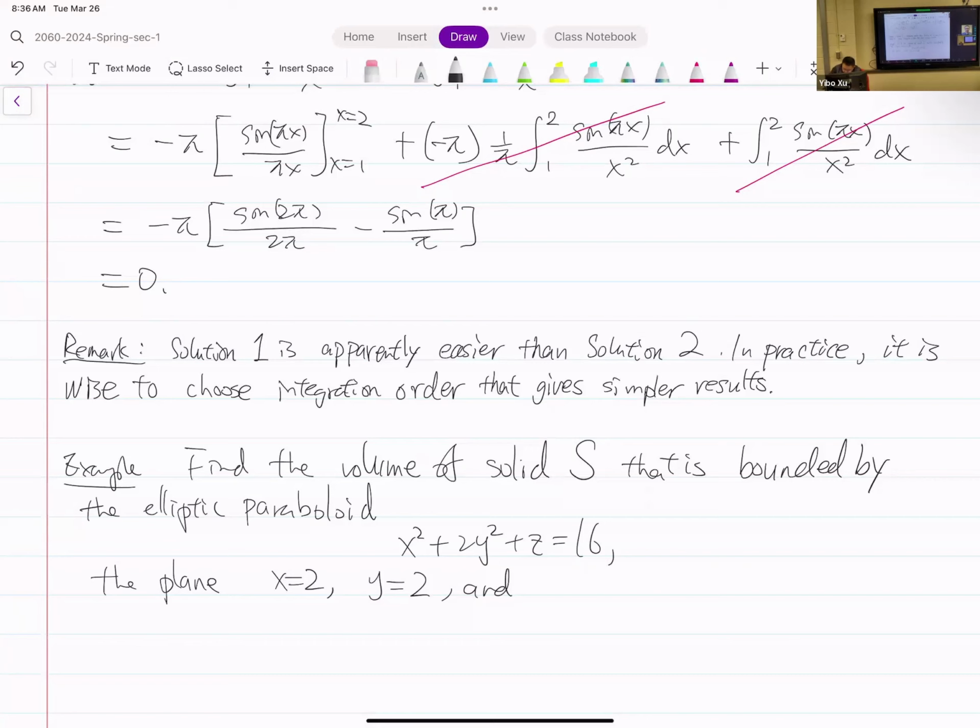So probably I want you to say the paraboloid, the planes, and the three coordinate planes.